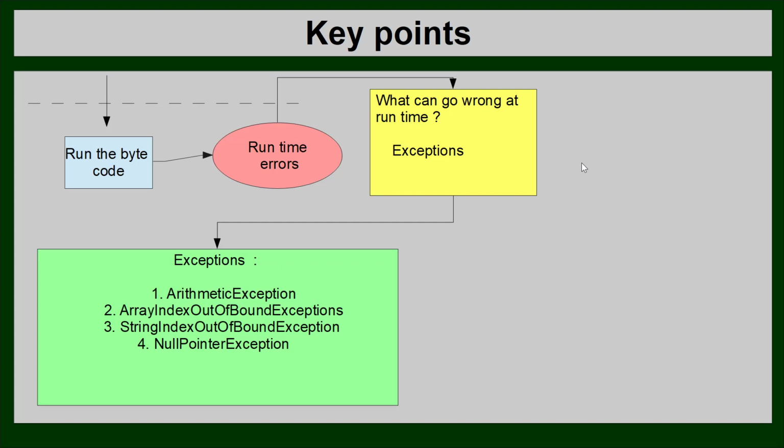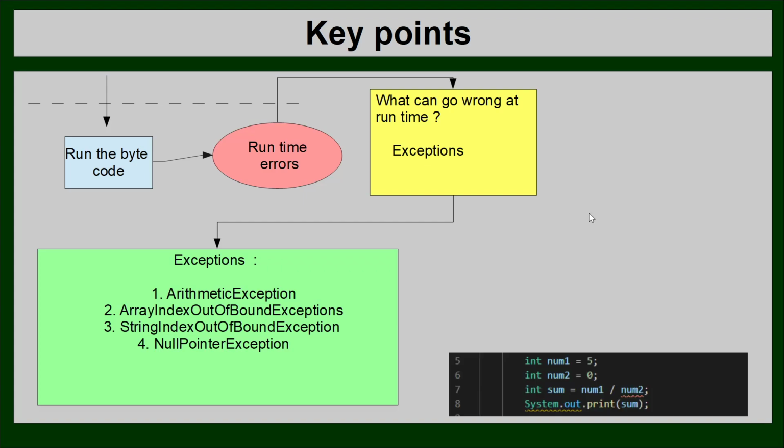Now, the important thing about the exception is you can actually write code that will allow you to manage these errors, and that's why you have to have a good understanding of what these errors are. If we look at the arithmetic exception here, we have these two numbers and then we divide them by each other.